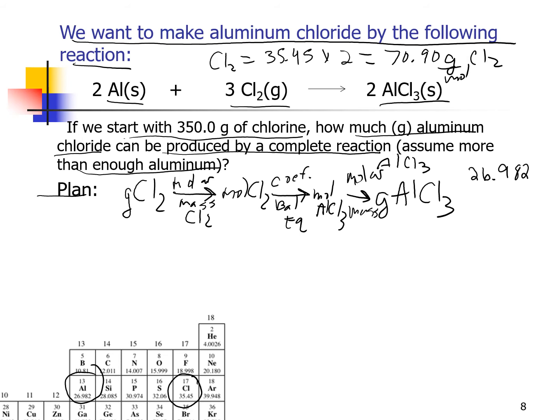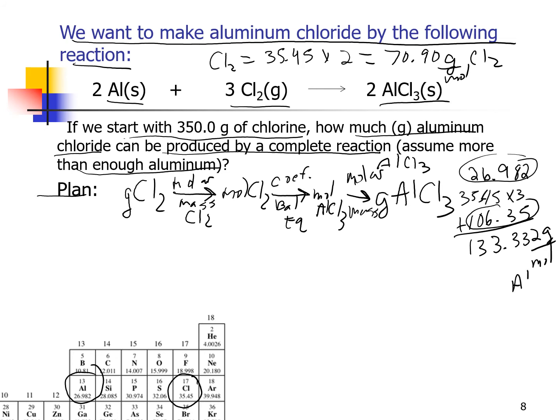And then if we multiply 35.45 times 3, we get 106.35. Then we can add these two numbers together, and we have 133.332 grams per mole for aluminum chloride. So let's go ahead and solve the problem.